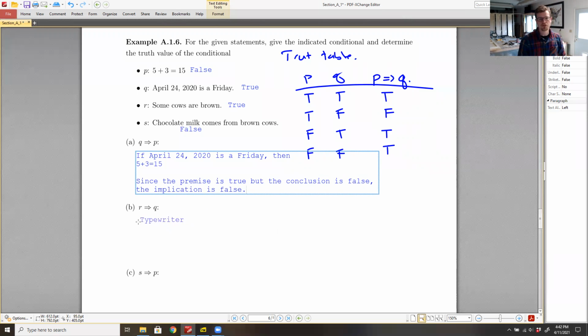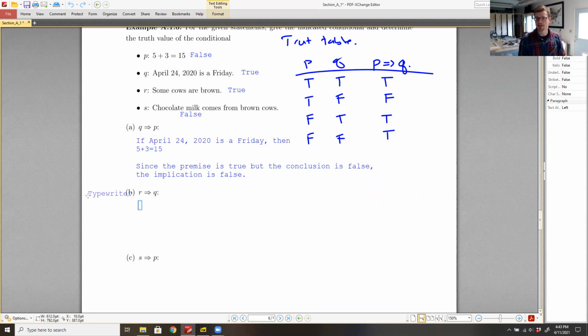So we just want to repeat this for several examples here. So R implies Q. So if some cows are brown, then, right, if R, then Q. If some cows are brown, then April 24th, 2020 is a Friday.